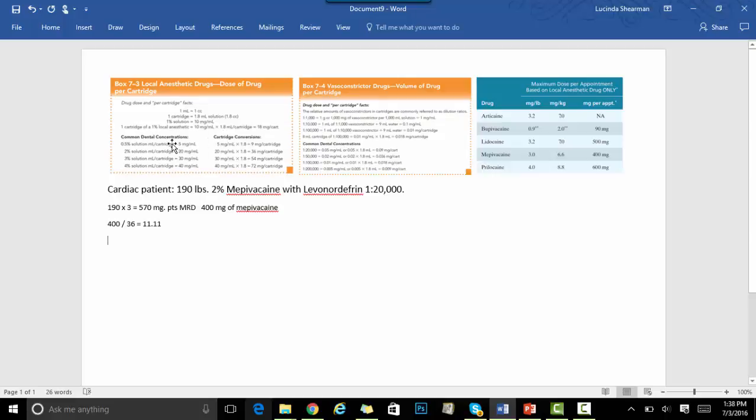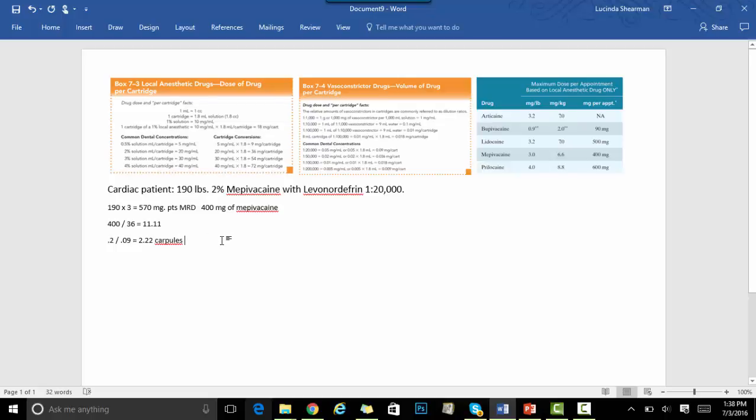So 0.2 divided by 0.09 equals 2.22 carpules. So for this patient, because of their cardiac restriction, they can only receive 2 carpules of mepivacaine 1 to 20,000.